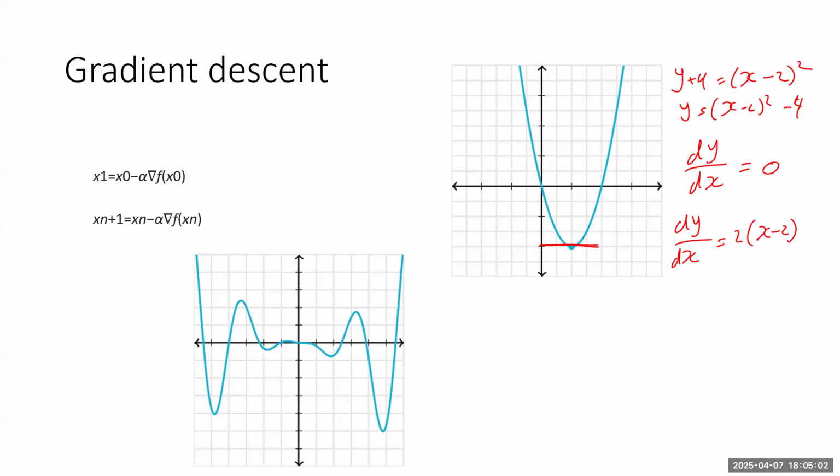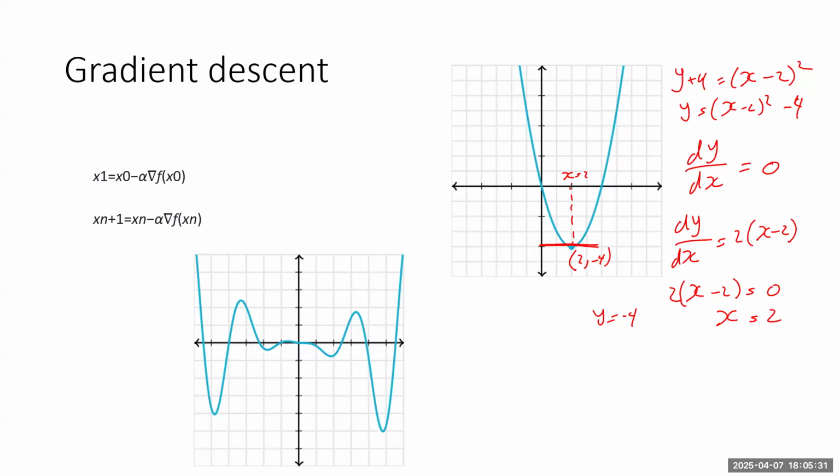Now if we set this equal to 0, x will equal 2, which is this location. Then I can substitute into the equation again to get y. The y will equal minus 4. So the minimum point is 2 and negative 4.